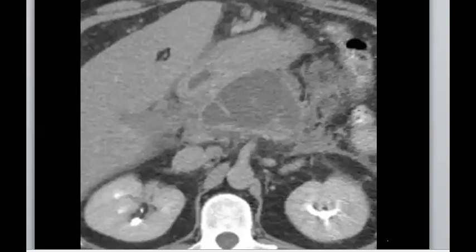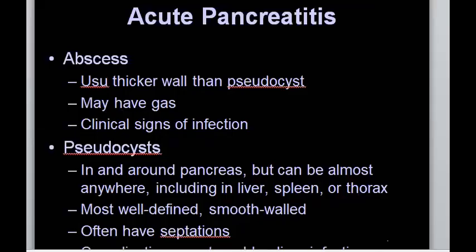If it is necrotizing and more than 4 weeks, then you can call it walled-off necrosis. Why did you mention that it is necrotizing? Because you cannot see the parenchyma of the pancreas in the post-contrast phase, right? Yeah. So if there is necrosis, then you are going with replacing the parenchyma with this necrosis. So this is what's called acute pancreatitis.